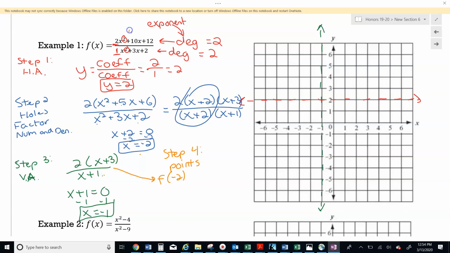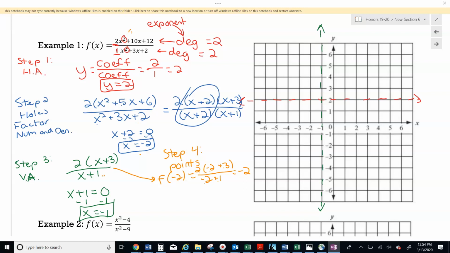You don't have to do this whole difficult thing. Use your simplified one. So that's 2 times negative 2 plus 3 over negative 2 plus 1, which equals negative 2 plus 3 is 1 times 2 is 2. Divided by negative 1, I believe that's negative 2. Okay, good. Use a calculator if you need.